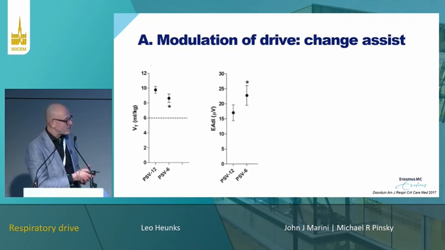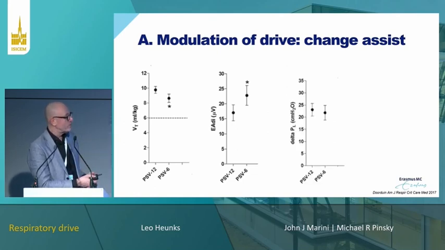But at the same time, if you look at electrical activity of the diaphragm, representative of effort, you'll see it increases right away. So you reduce support by the ventilator, drive increases right away.